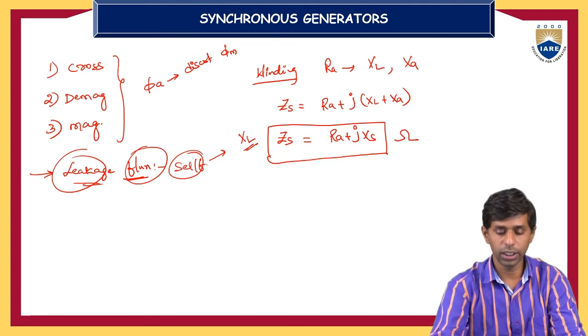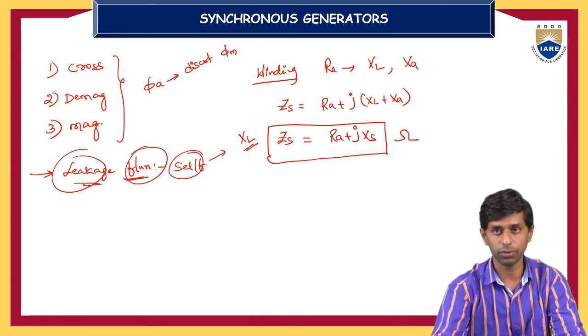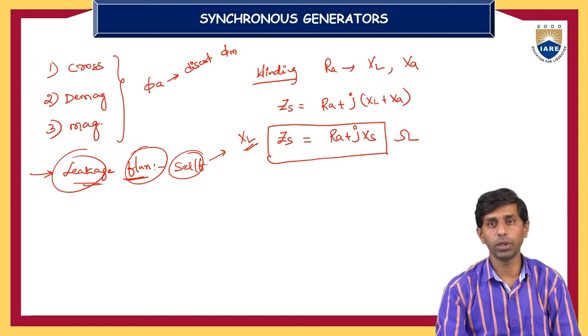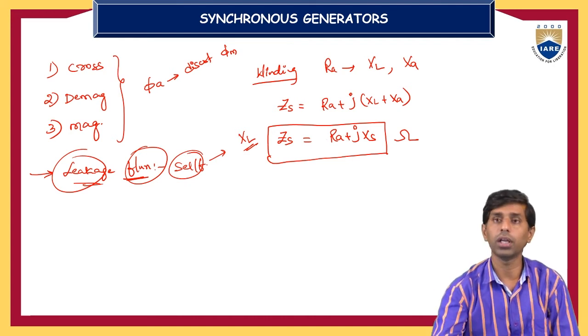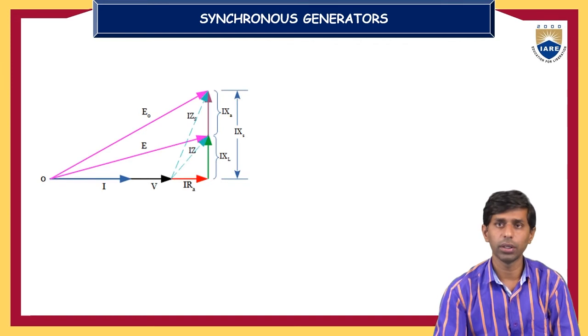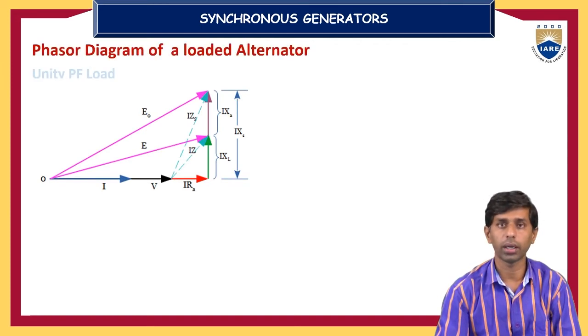All these, the leakage reactance as well as the armature reaction, will affect the induced EMF of the alternator. In this video we will look at how the type of load affects the induced EMF, and how we draw the phasor diagram for the per phase induced EMF of the alternator.